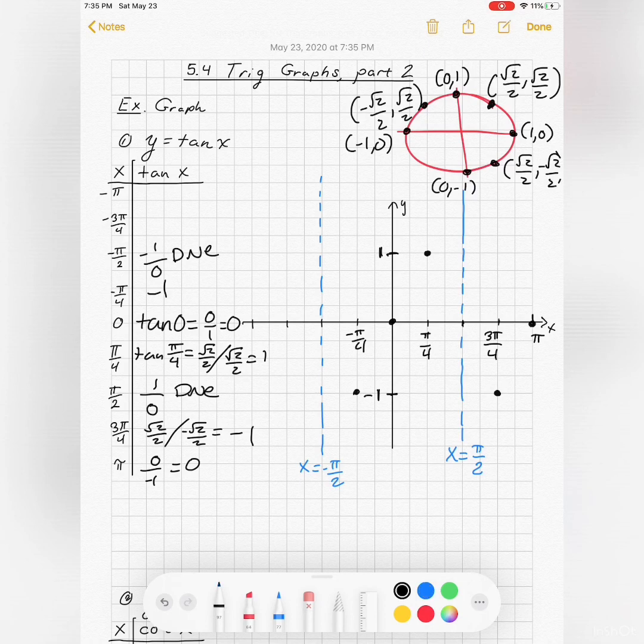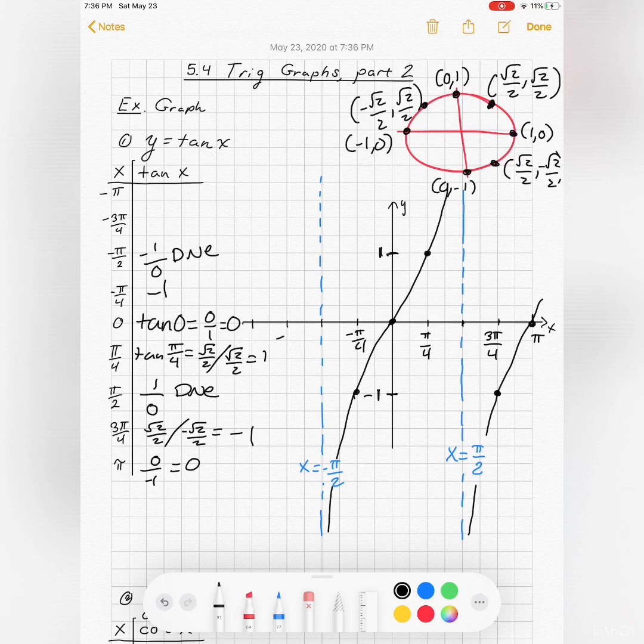Because look, if I fill this in, something like that, something like that. Okay, so over here, this would be negative 3 pi fourths, right?